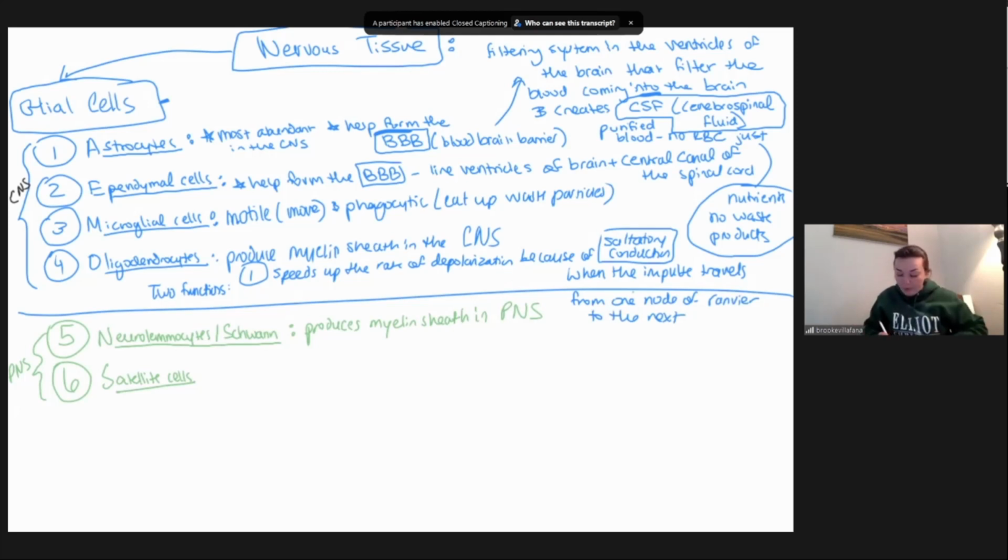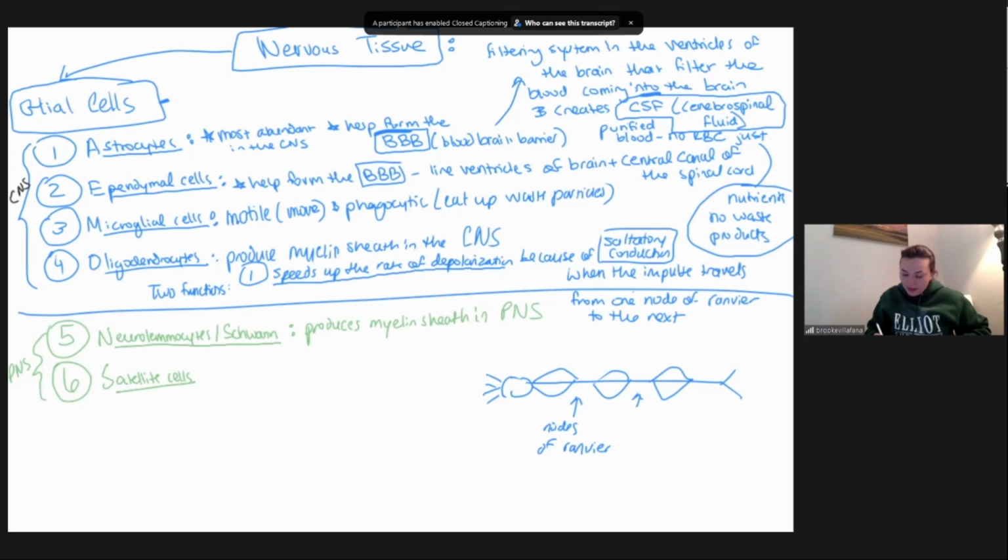So for example, we have our neuron here, and it has its axon with the myelin sheath, right? And these are those nodes of Ranvier. So what happens with the myelin sheath speeding up the rate of depolarization is that the impulse jumps from one node of Ranvier to the next.